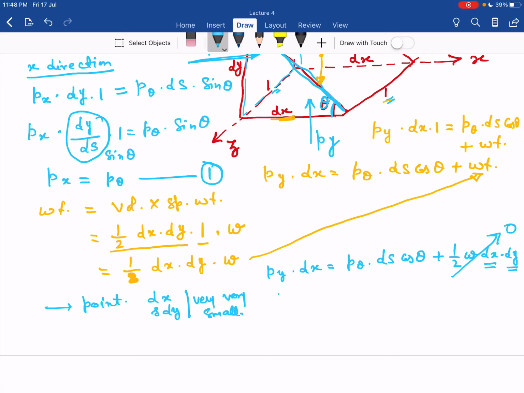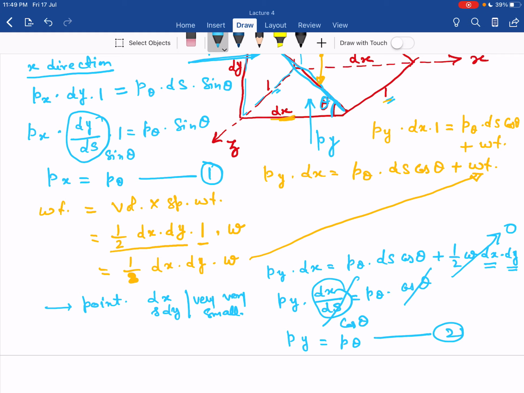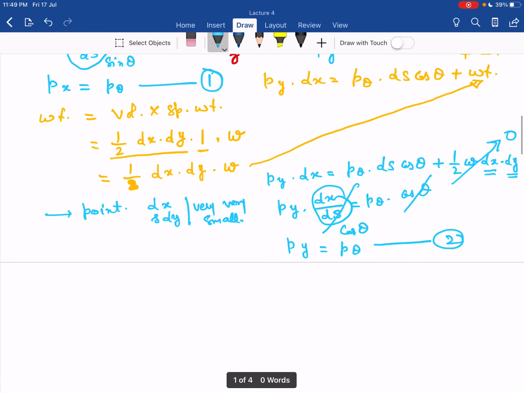So now we are left with Py into dx upon ds equal to P theta into cos theta. This becomes cos theta, so these two terms cancel out and we are left with Py equal to P theta, that is equation number 2. So from equation number 1 and equation number 2 you can write Px equal to Py equal to P theta.